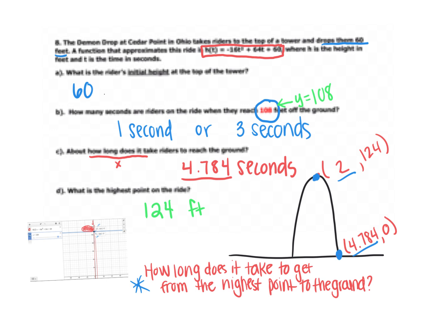So we would take the time at the ground, which is 4.784, and we would subtract from the amount of time at the top, which is 2. So the answer would be, it would take 2.784 seconds, because I would subtract the time at the ground from the time at the height.